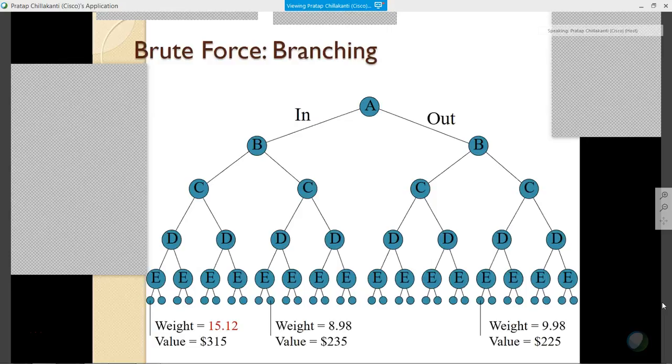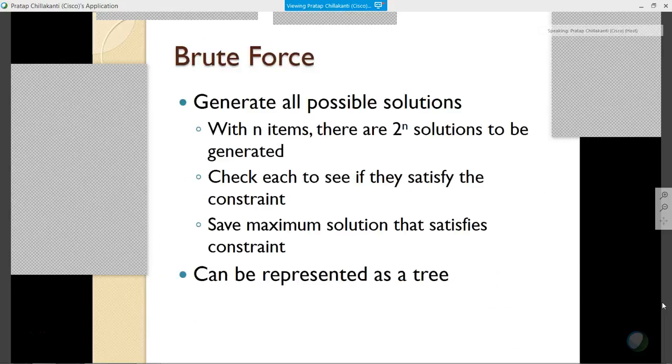So now you can put the weights and the values, right? Whatever is in, if you follow the in branch all the way, if you follow the left side of the branch, depth first search, A, B, C, D, E. If they're all in, the weight is 15.12 and the value is 315. How did you get that? Because everything is in there, right? Left side.